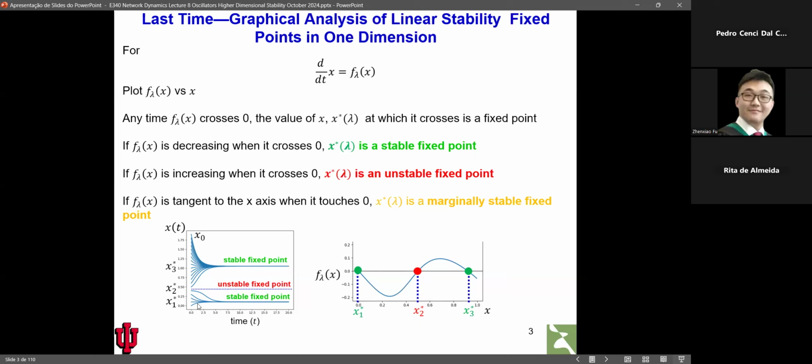So it divides the basins of attraction of each stable fixed point.